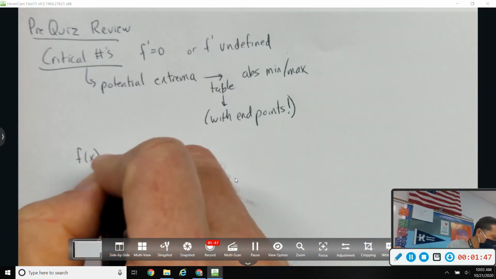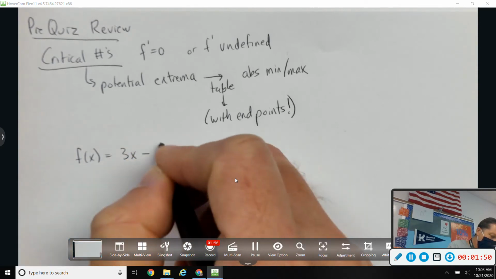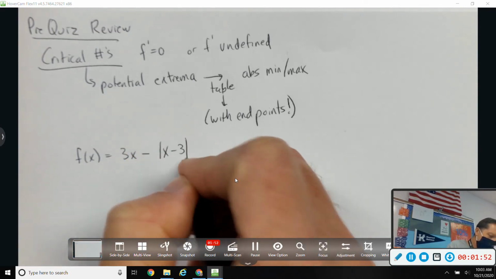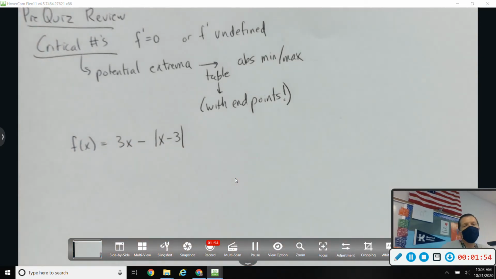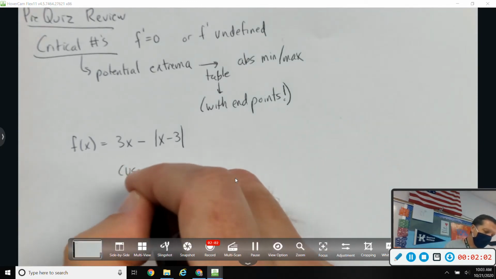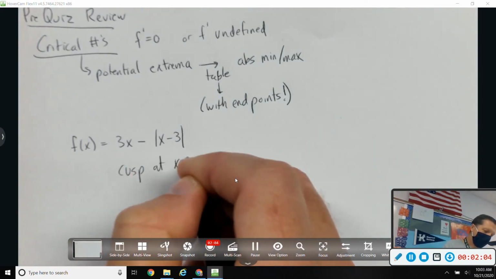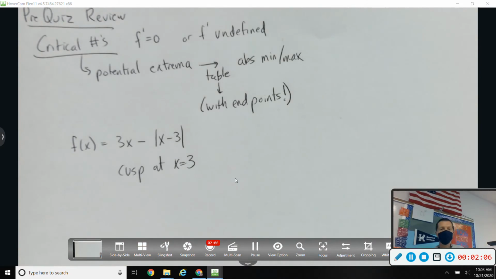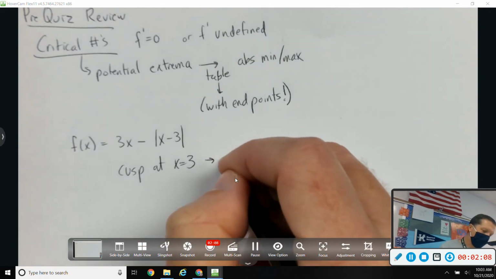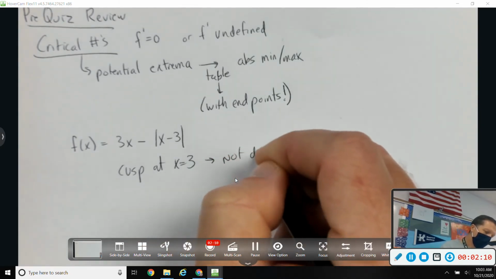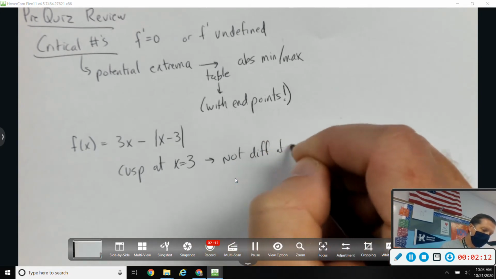We've seen this before. In fact, this might have been the exact one. What's goofy about that? What do we have to know about that? There's a cusp at x equals 3. So that means it's not differentiable at x equals 3.